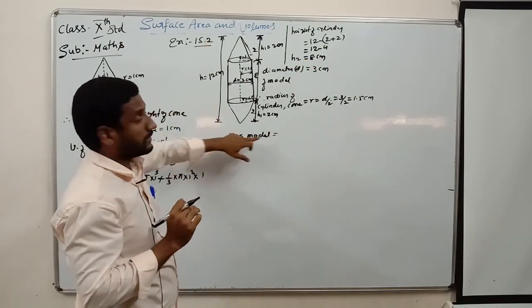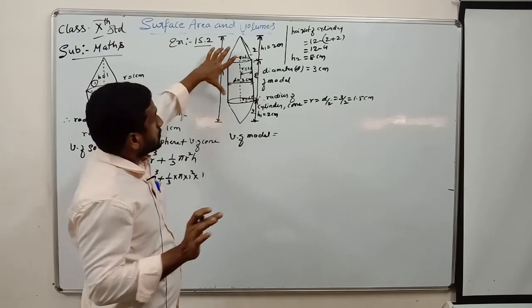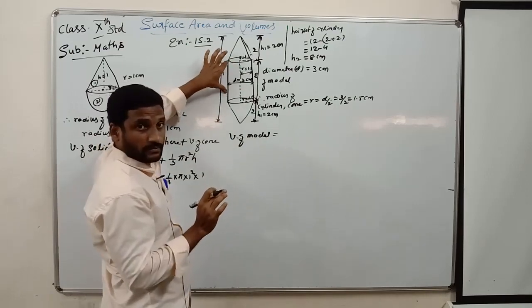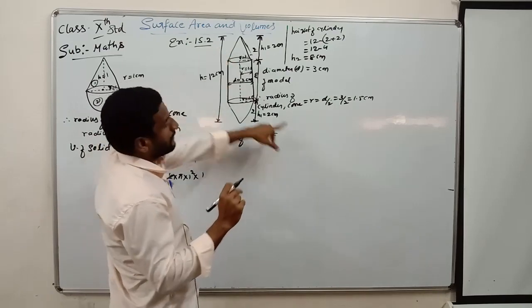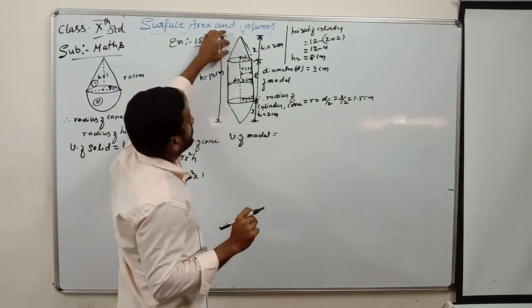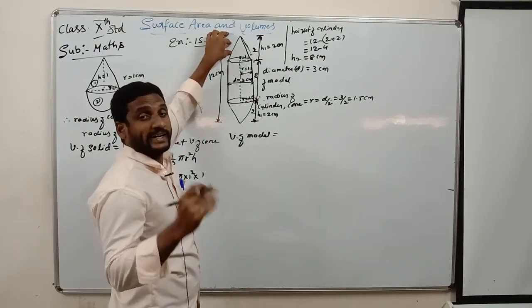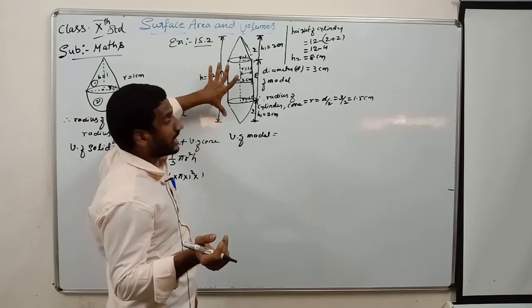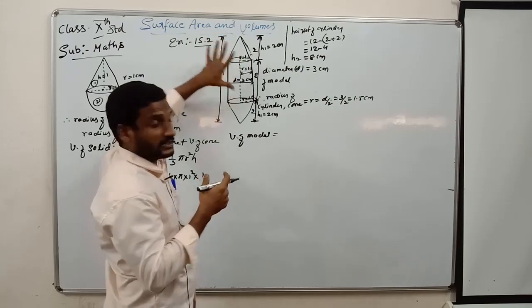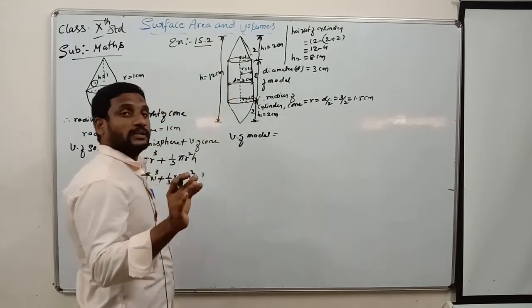The volume of the model is equal to the volume of the cylinder plus 2 times the volume of each cone. Why multiply by 2? Because 2 cones are attached to the ends of the cylinder. Therefore you write 2 into the volume of each cone.